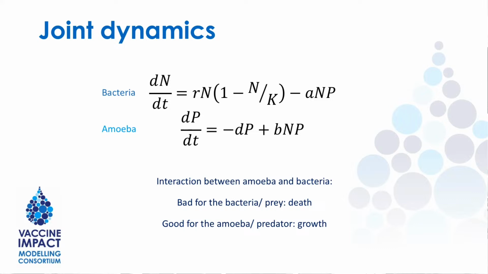So we started with our populations. We thought about them in isolation. So what does it look like for the bacteria or the amoeba? And then we thought about interacting terms, but we're not saying too much about the constants or the parameters as yet.